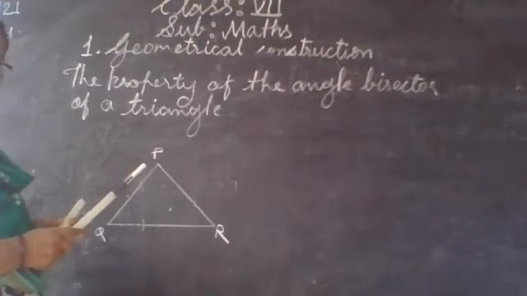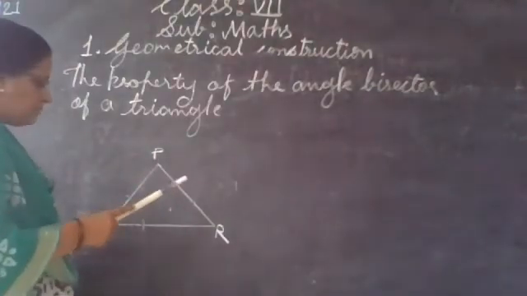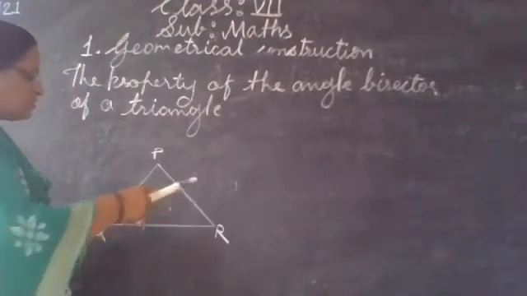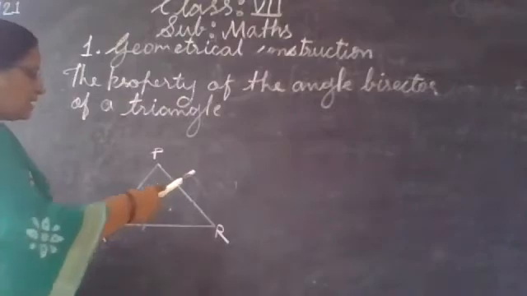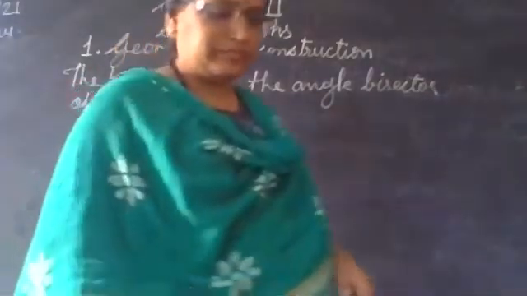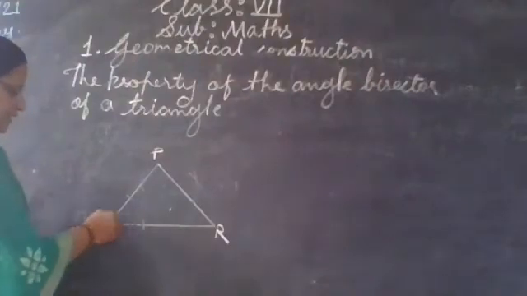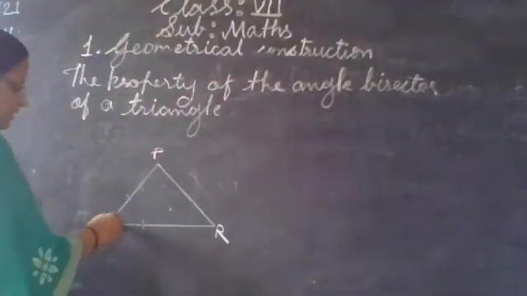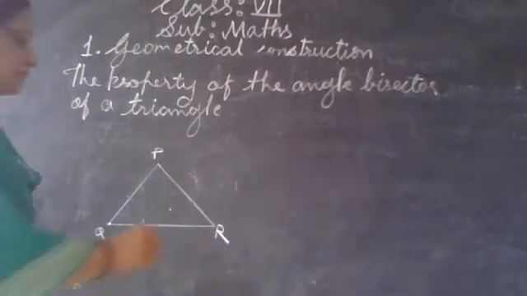Then increase the distance, and one by one place the pointer on these 2 arcs and draw another arc like this. Now draw a line segment through this vertex Q and through this point.